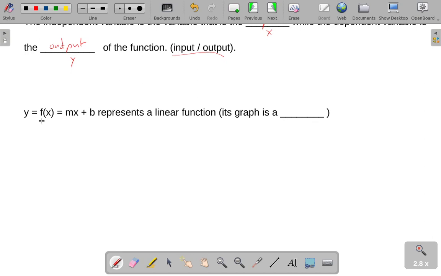All right. If we say y equals f of x equals mx plus b, this is a mouthful, but this is saying f of x is mx plus b, just like we set up above. Except there's one additional thing here. We're also saying that we're going to be calling the output of this function y.